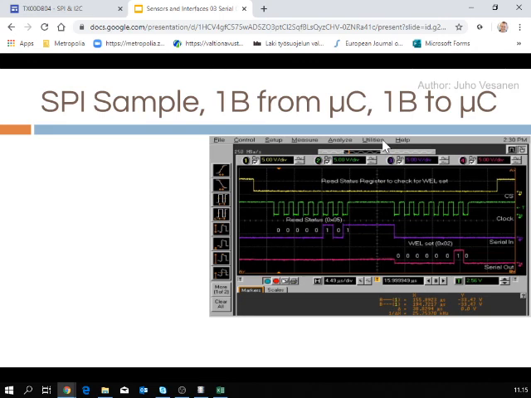Same thing for the microcontroller, 1 byte from the microcontroller and 1 byte to the microcontroller. This is a kind of bad example, since you can't transmit read and write signals at the same time. You have to do 2 different signals there.